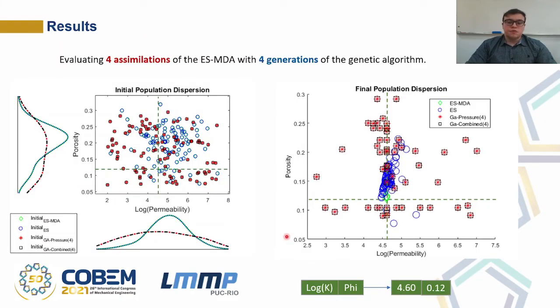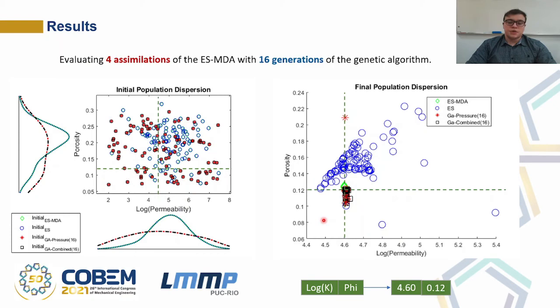Considering 4 simulations from the ES-MDA and 4 generations from the genetic algorithm, the ES-MDA provided an accurate result, and the ensemble smoother with just a single update provided a better estimation than the genetic algorithm considering 4 generations.